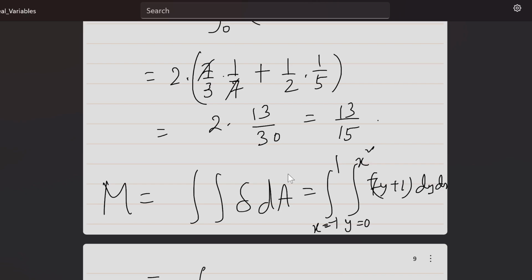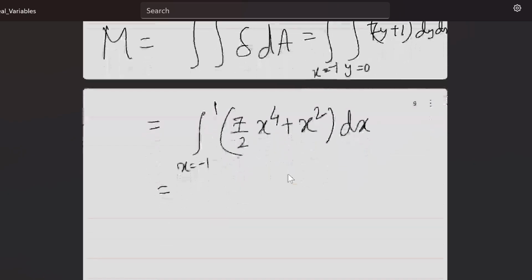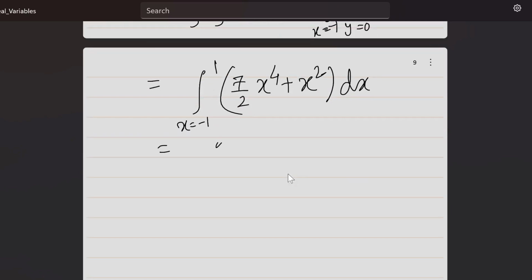Just integrate: x running from -1 to 1, 7 by 2 y square means x power 4, plus x square, dx. So it is an even function, which means it is 2 into the integral from 0 to 1 of 7 by 2 x power 4 plus x square.